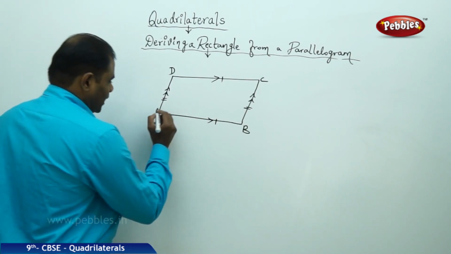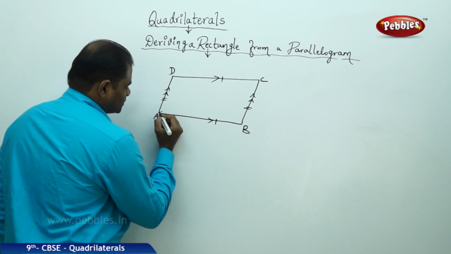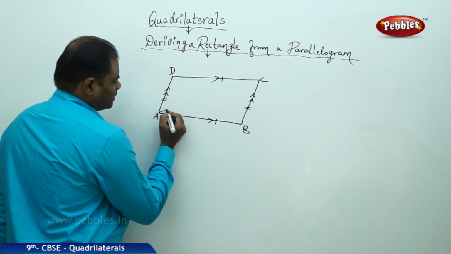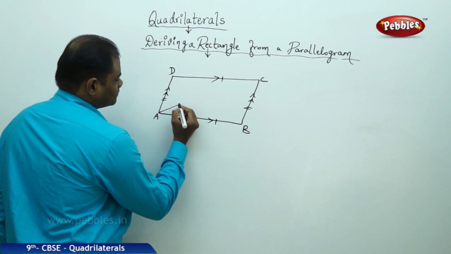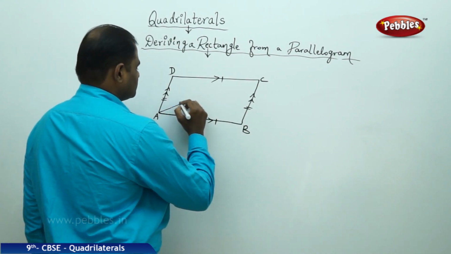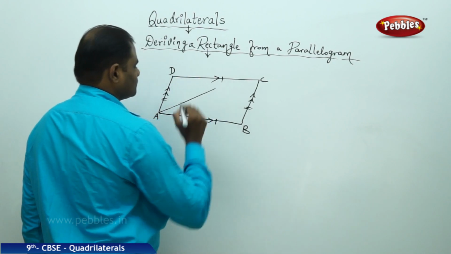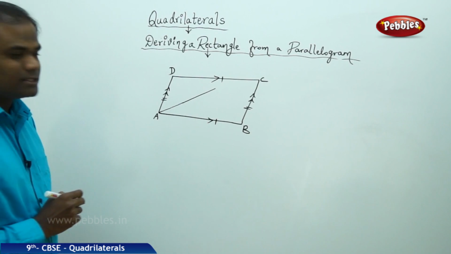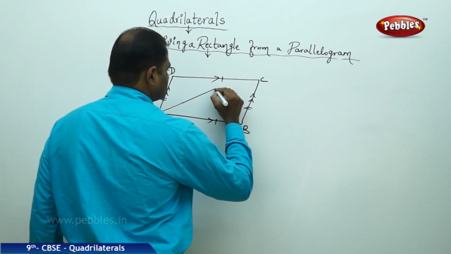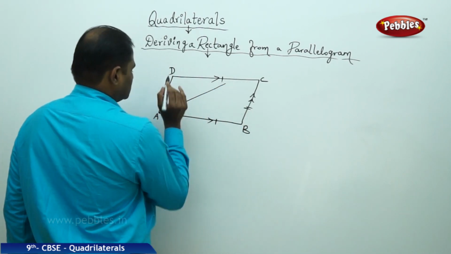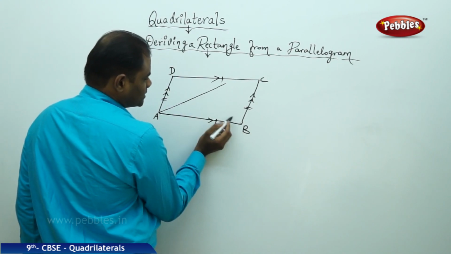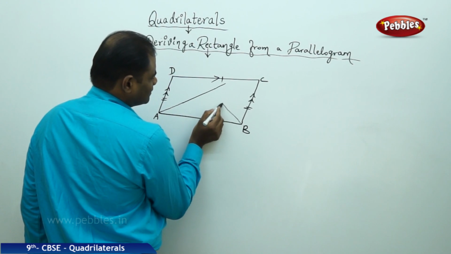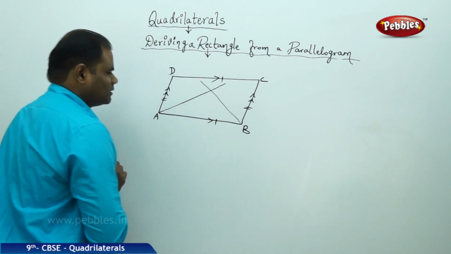That is, for angle A, I take the bisector that is exactly at equal angle. I just extend this. Similarly, I take the bisector of angle D. Angle B: so here is the bisector of angle B, exactly cutting at equal angle.